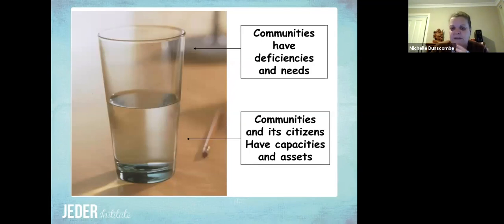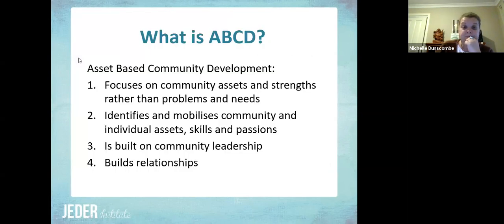And as we know, the glass half full analogy of, yes, we understand that communities have deficiencies and needs, but what we look at in ABCD is, what is it the communities have got? What are those capacities, assets, gifts that actually exist within communities and its citizens to help us get the good stuff and to really support local initiatives?